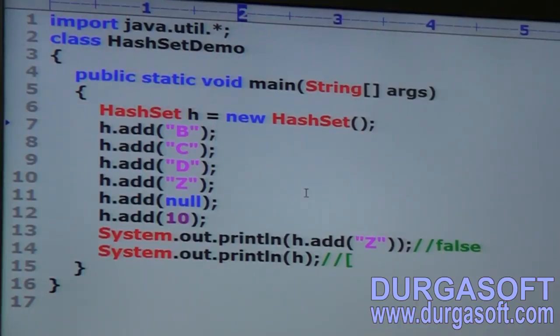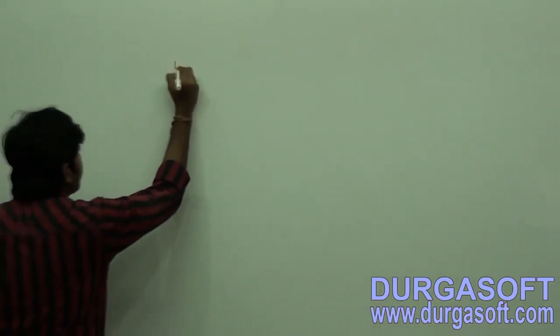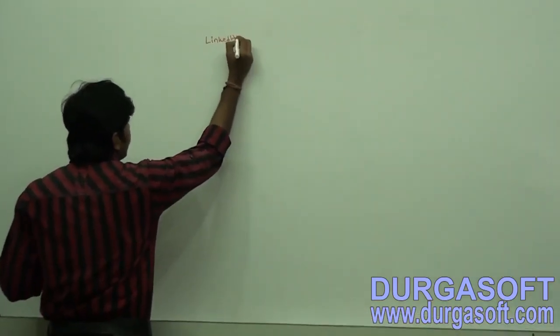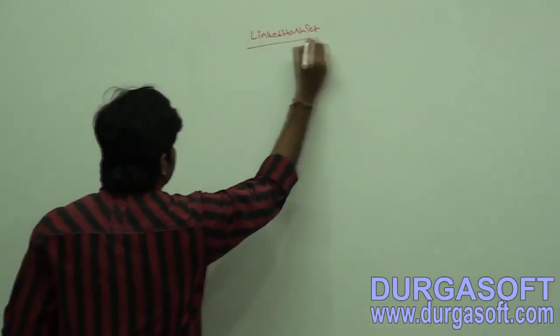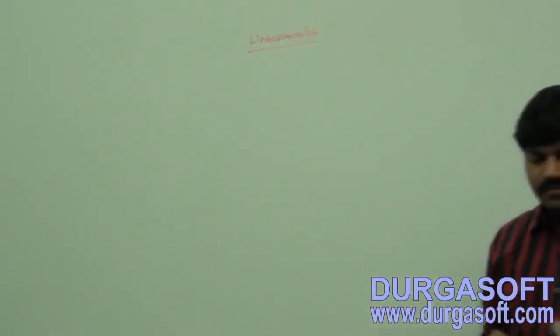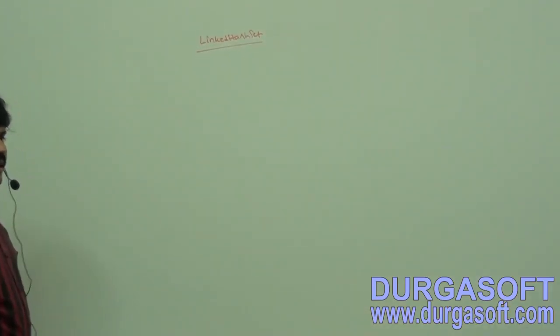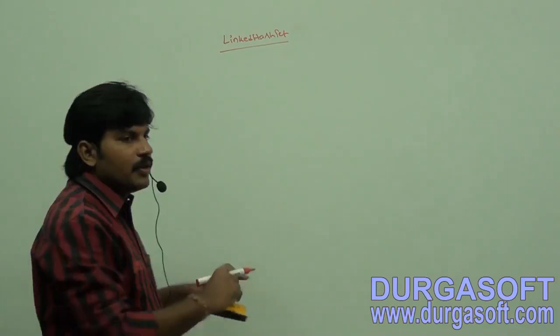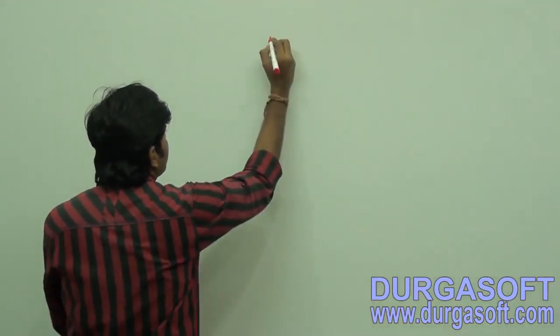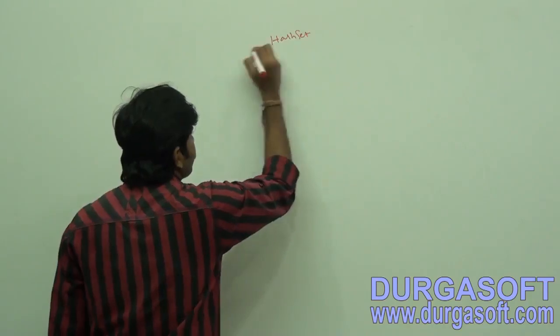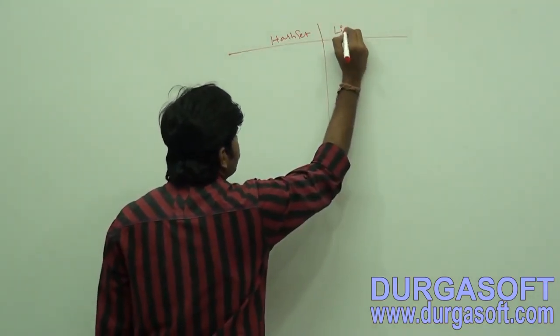There is one special concept related to HashSet, named LinkedHashSet. Keep a subheading: LinkedHashSet. Sometimes there may be a chance to be asked, sir, what is the difference between HashSet and LinkedHashSet?